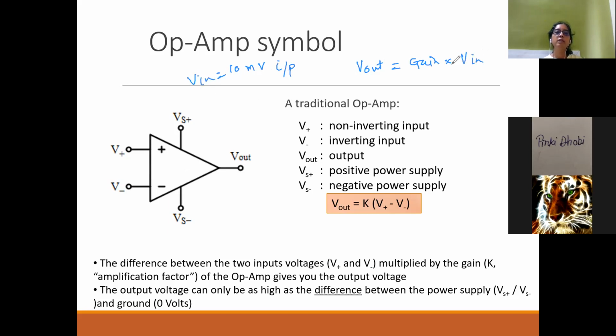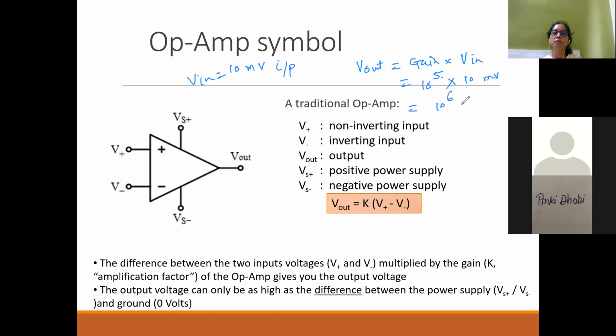Our Vin is 10 millivolt and the open loop gain is 10 raised to power 5. So 10 raised to power 5 multiplied by the input of 10 millivolt. What will be the output? 10 multiplied by 10 raised to power 5 millivolt, so 10 raised to power 6 millivolt.